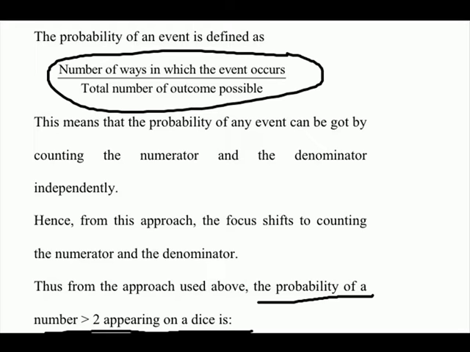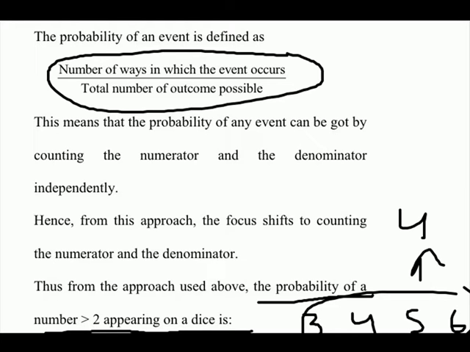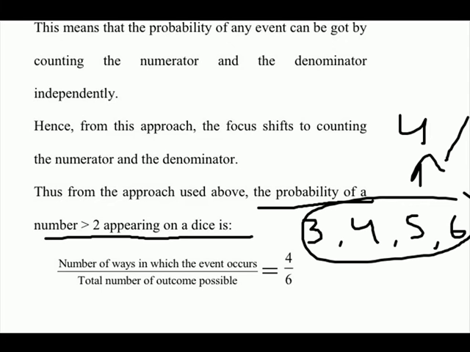So you have 3, 4, 5 and 6, and the total of these is 4, and you know that the total number of outcomes possible is 6. So the probability is 4 by 6, which is something you can see here.